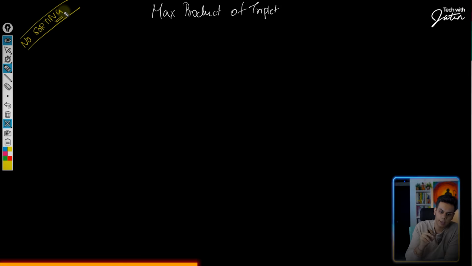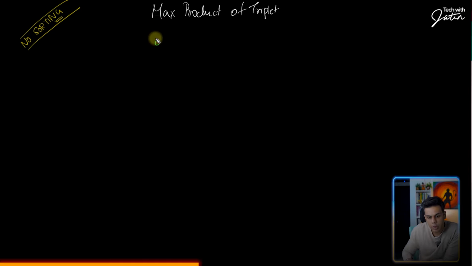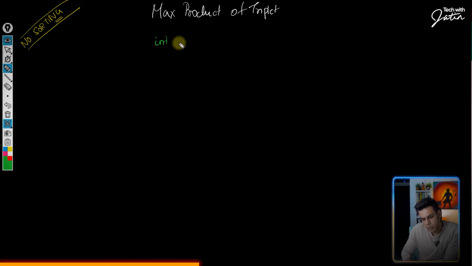Now guys, this time we are going to take a different array, for the simplicity of this logic. So I'm going to only take positive numbers. So integer a, square bracket. Let's say the elements are 2, 7, 5, 1. And we want to find the maximum product of the triplet.